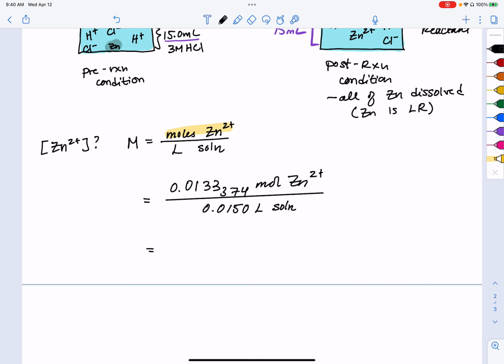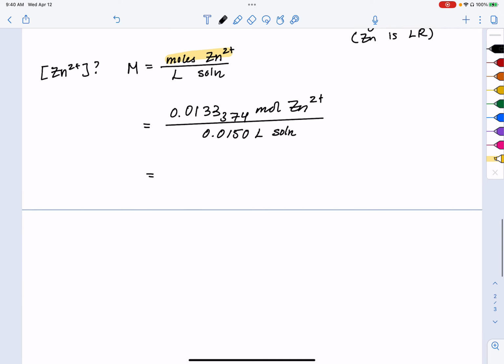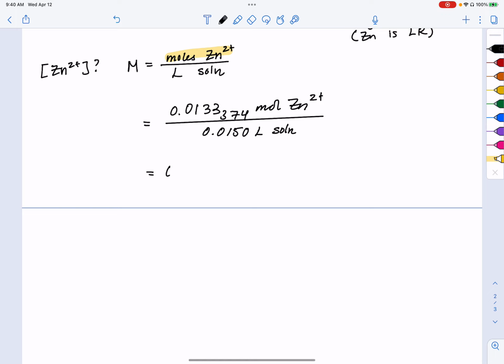So let's see what we get when we do that. So again, carrying all of my digits in my calculator. So that's all my 3's. And then dividing by my product beaker volume. This gives me 0.88916. So that's every digit that my calculator gave me. Molar.